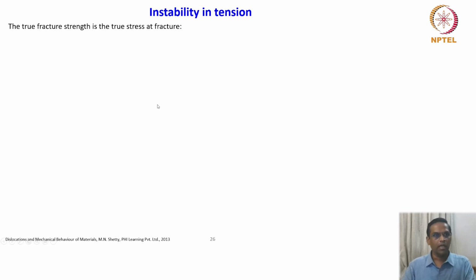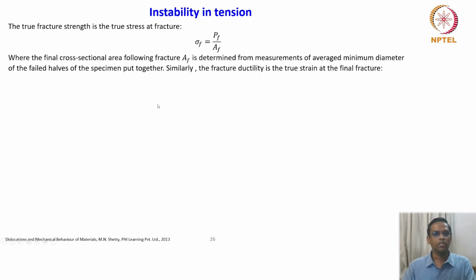So one final description about this instability in tension, which is also related to the different relationships we are looking at. The true fracture strength is the true stress at fracture.